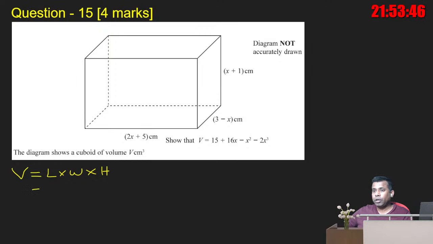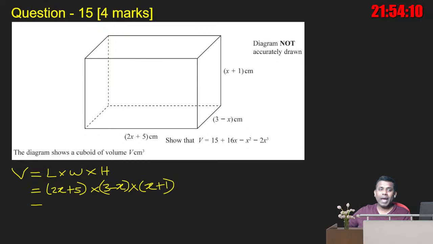So length is 2x plus 5, width is 3 minus x, and the height is x plus 1, right? So basically I'm multiplying all the length, width, and height. It's basically expanding the brackets.